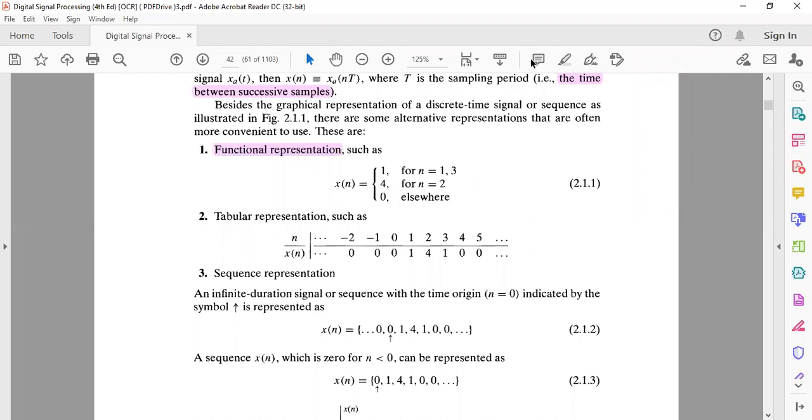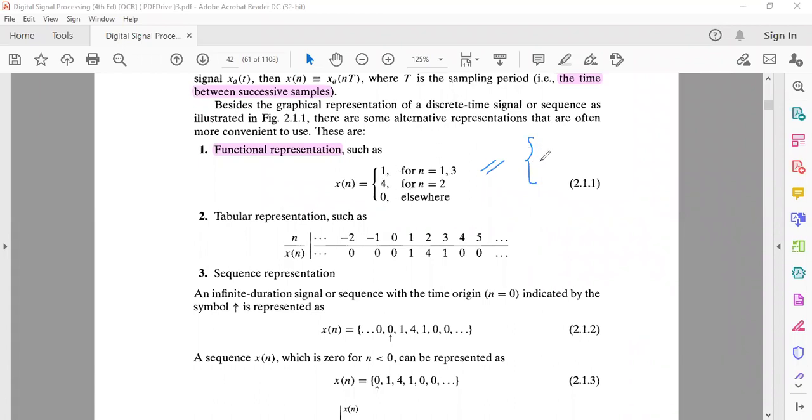Okay, if you are good at interpreting functions, you now see that actually this means that you have a sequence where for n equal to 1, the value is 1, n equal to 2, the value is 4, n equal to 3, the value is 1, and it is 0 elsewhere.